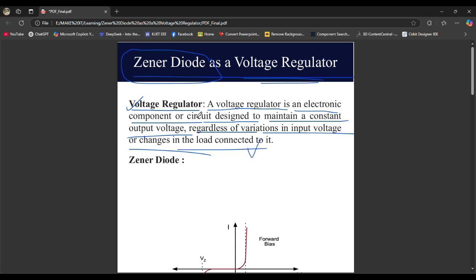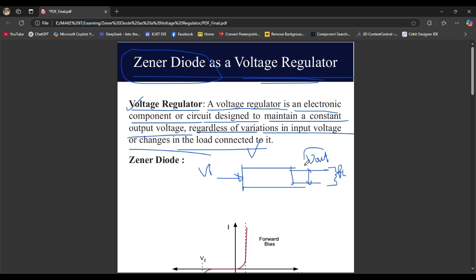That means if you make a voltage regulator device, you will make a device which maintains a constant output voltage at its output, whether you change the input voltage or the load resistance.